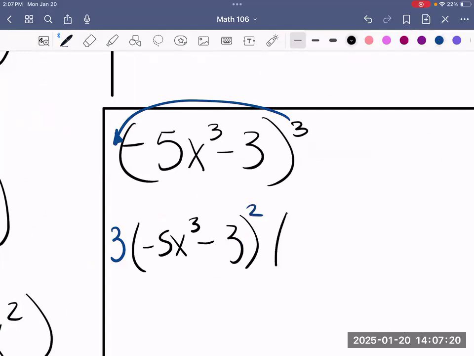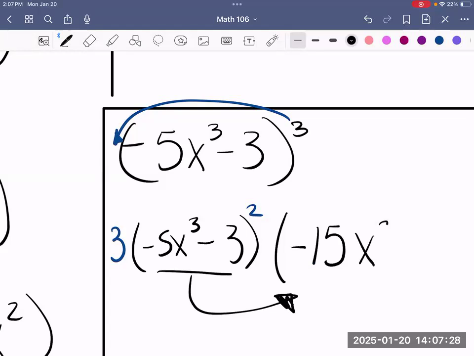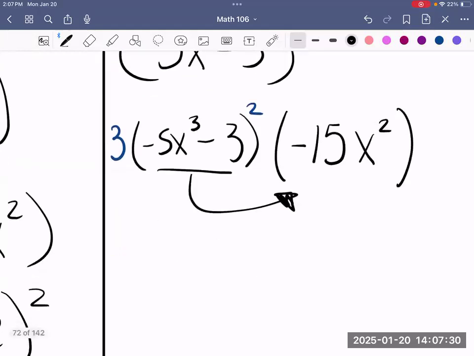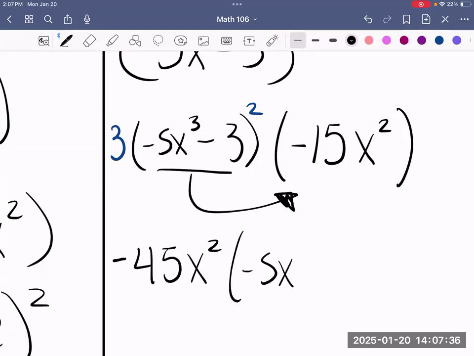Now let's go ahead and derive the inside. Now that we have unlocked the chest, we can see that this is going to be negative 15x squared. And now we can go ahead and simplify. There you go.